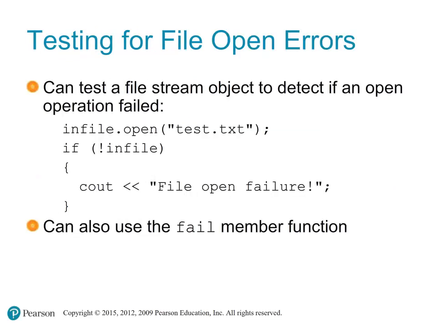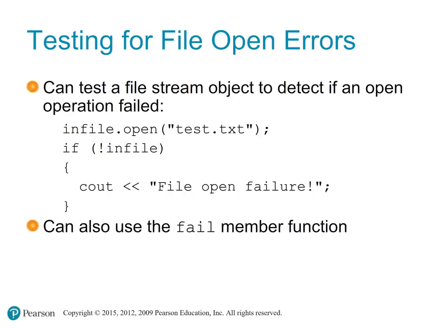When working with files, it's crucial to ensure that the file has been opened successfully before attempting any read or write operations. This helps in preventing errors and potential data corruption. After attempting to open a file, you can directly test the file stream object in a conditional statement. If the file fails to open, the file stream object evaluates to false in a Boolean context.